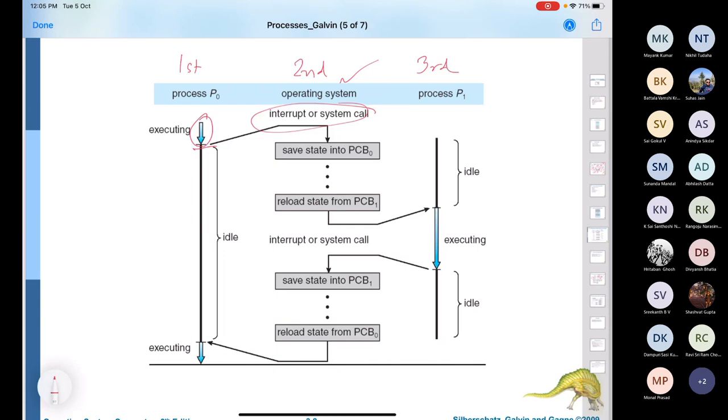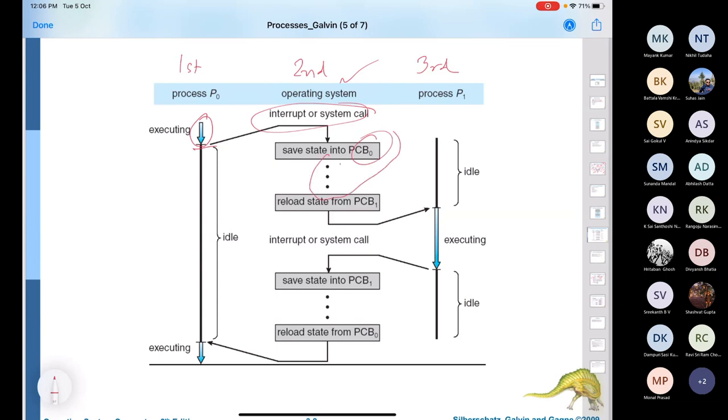Similarly, if you perform an fopen function call in C, another system call is happening. So the operating system module gets invoked. It has to save the state of process P0 into PCB0.